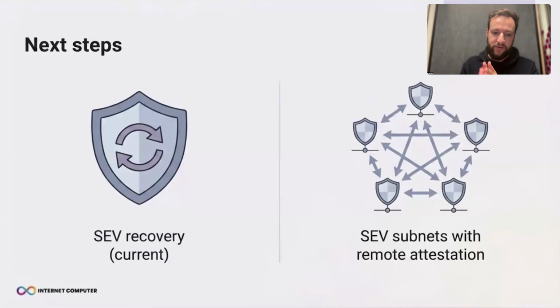So while currently we have individual nodes that are SEV-enabled, in the future we want to make entire subnets SEV-enabled, which will be good because now if a node shares some data with another node, it's better if it can first ensure that the other node is also valid.